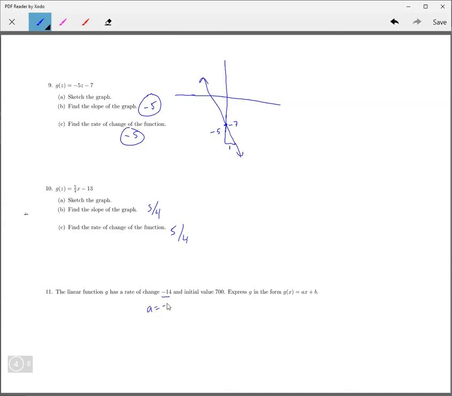That's going to be our A. And the initial value is 700. That's going to be our B. So it's going to be -14x plus 700. That will be the answer. I believe it's just that right there, the circle.